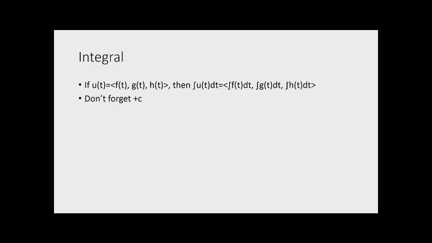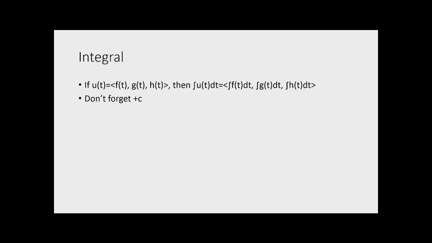Now let's look at the integral. If u of t is f of t, g of t, h of t, then the integral of u of t dt is just the integral of the components. Remember, if we're taking an indefinite integral, we always add a constant of integration.